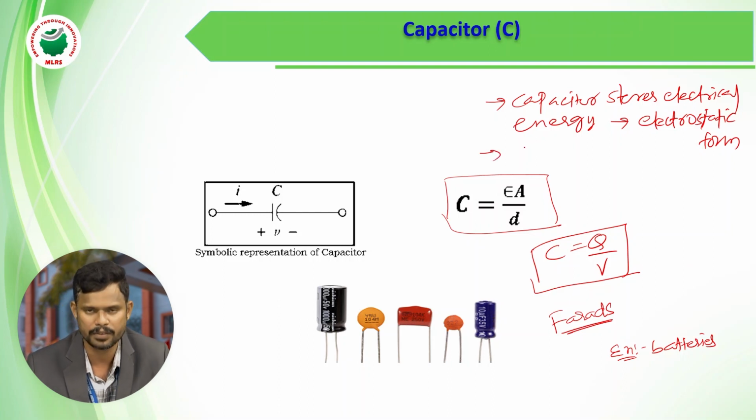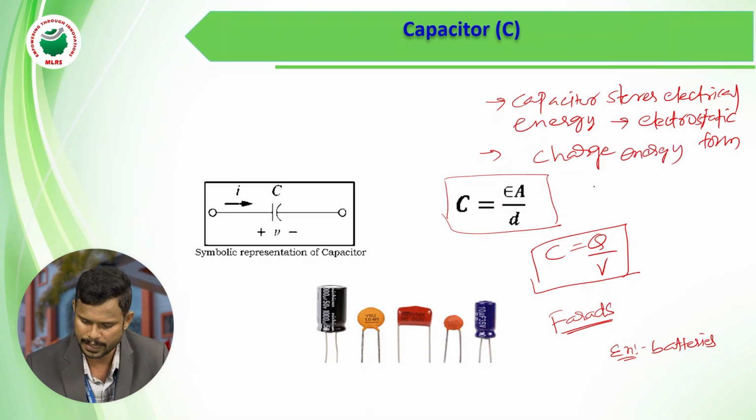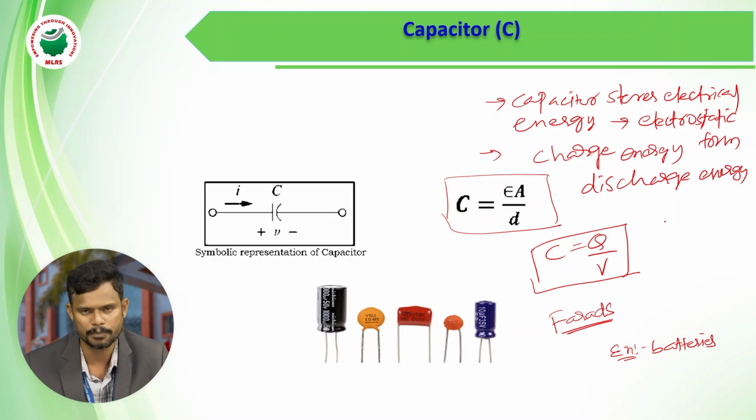And capacitor behavior is it can store the energy, it can charge the electrical energy, and discharge the energy, like a mobile battery. Battery is the example for the capacitor.